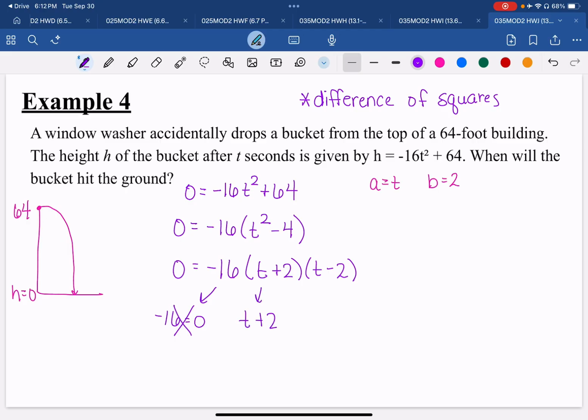This one gives me t equals negative 2. Remember, t is seconds. Can't have negative 2 seconds. This one gives me t equals 2. That's what I'm going with. So 2 seconds.